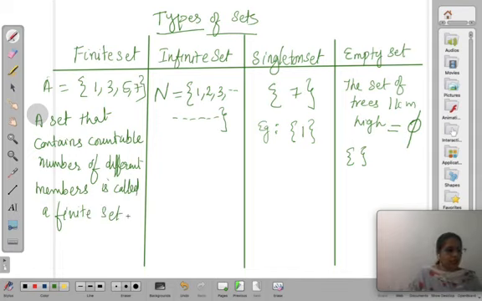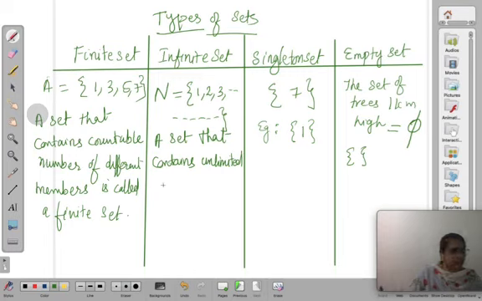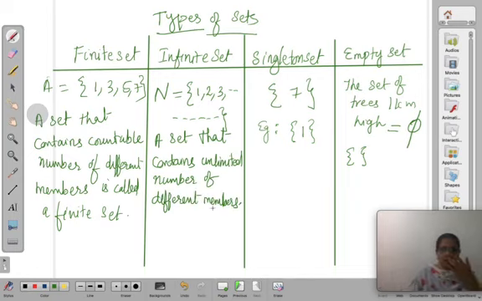Okay, then next example, infinite set, a set that contains unlimited number of different members. A set that contains unlimited number of different members is called an infinite set.